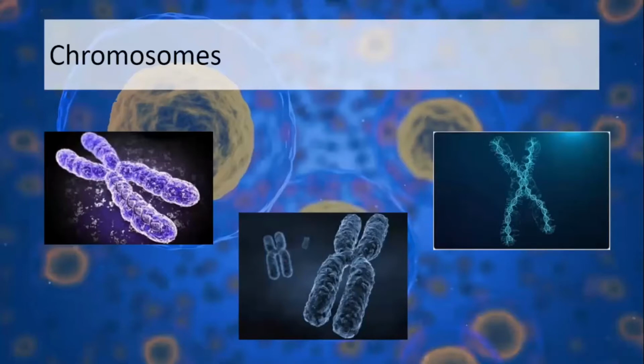Body cells normally have 2 copies of each chromosome. This makes them diploid cells. One chromosome comes from the organism's mother and one comes from its father. When a cell divides by mitosis, it makes 2 cells identical to the original cell. The nucleus of each new cell contains the same number of chromosomes as the original cell.